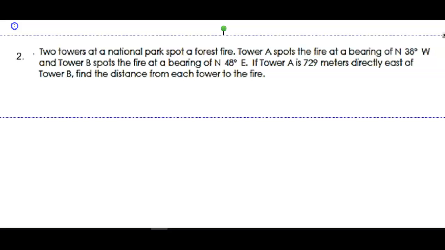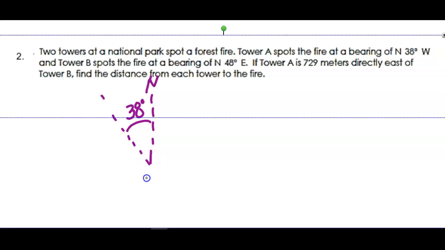And this one has us using bearings again, so I was going to help you out. Two towers at a national park spot a forest fire. Tower A spots the fire at a bearing off of north. He has to look 38 degrees towards the west to see the fire.